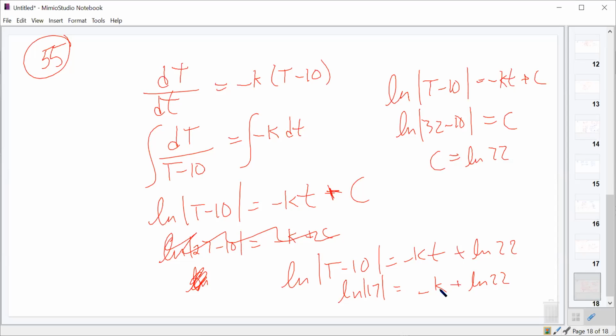Yeah, so that'll let you find your k, whatever that decimal comes out to be, natural log of 17 over natural log of 22.